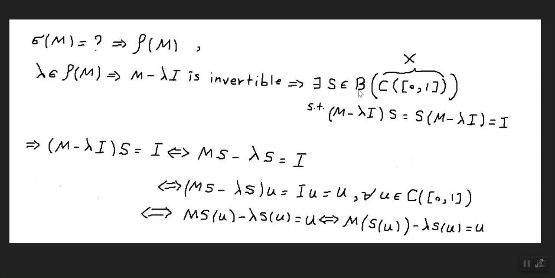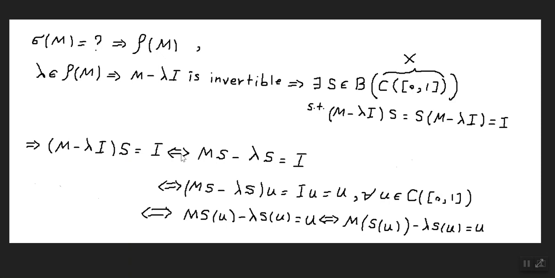It means I belongs to B of X. It maps every function to itself. Now look at here, M minus lambda I times S equals I. We are going to use this equation to find S, and then when we find S from this equation, we can show that S satisfies the other equation.